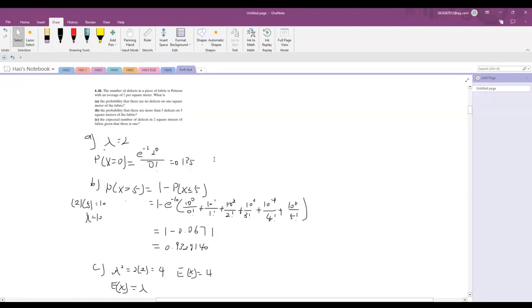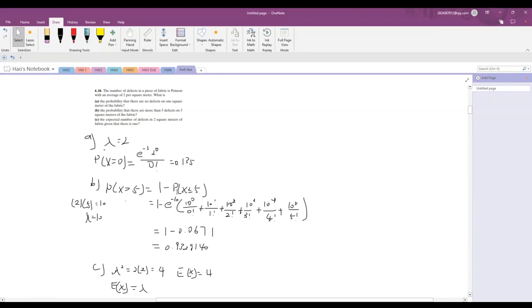And B, the probability that there are more than 5 defects on 5 square meters of the fabric. For this question, we will do 2 times 5 equals 10 to get lambda, and then solve for the probability of x greater than 5, which is the same as 1 minus the probability of x less than or equal to 5.